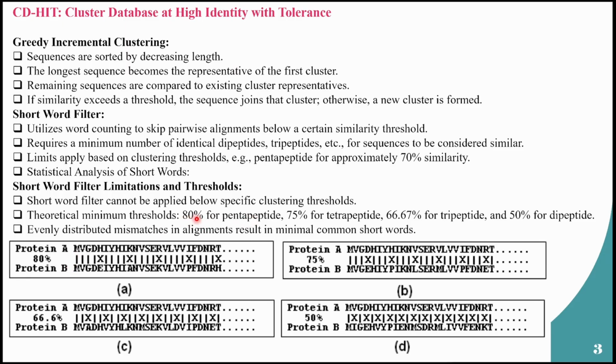For example, here it is written that 80% for pentapeptide, so you cannot use it if the similarity is over 80%. In the worst case, the mismatches will be evenly distributed, and you cannot use a pentapeptide or 5 short word filter, because in this particular subplot you see that you can never find a 5-word match between these two sequences, even though they are matching at 80%.